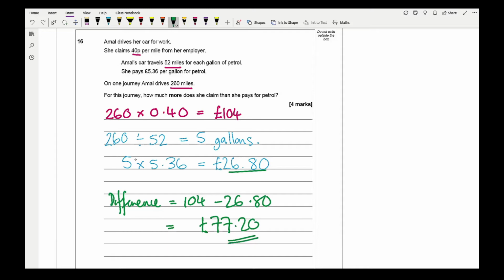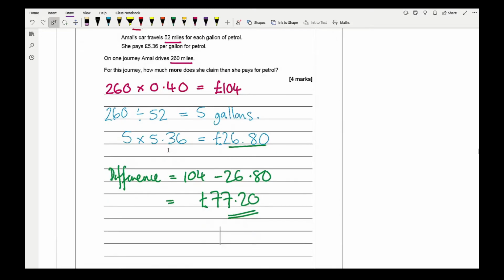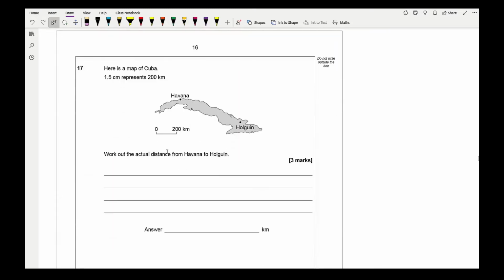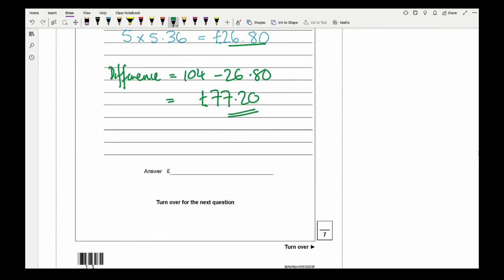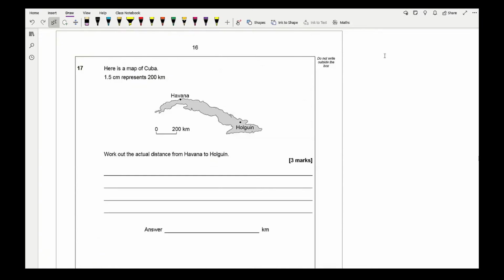And there we go. And probably need to write it in the space there. There we go.